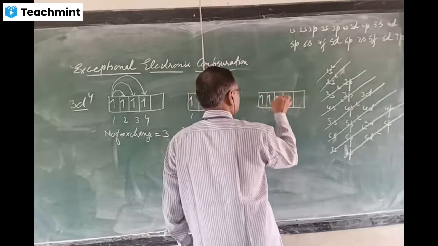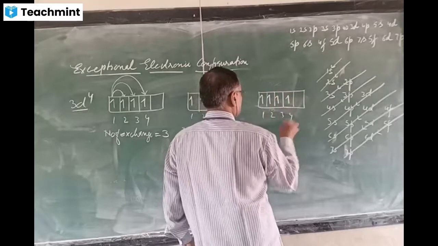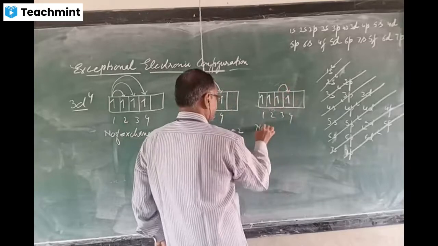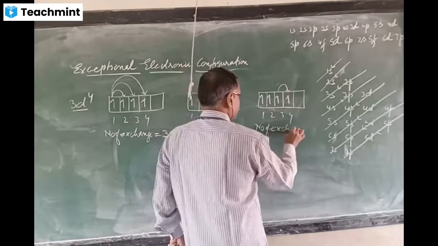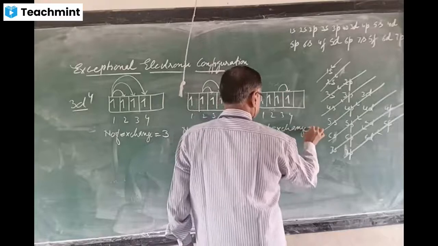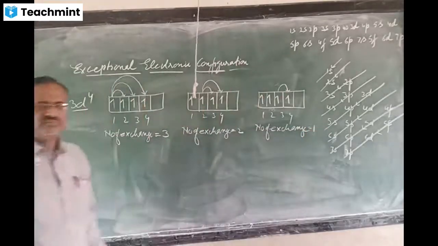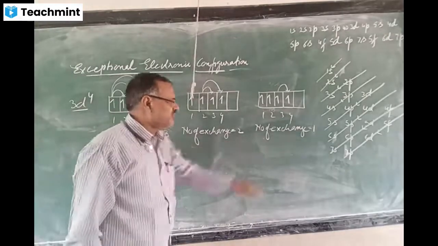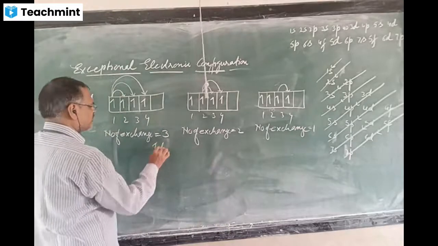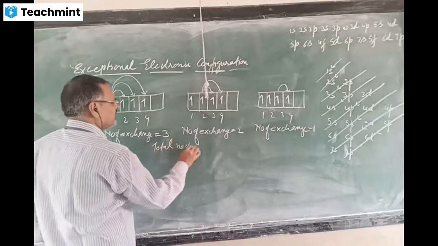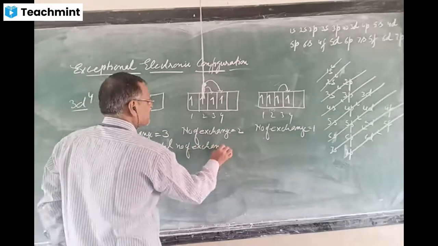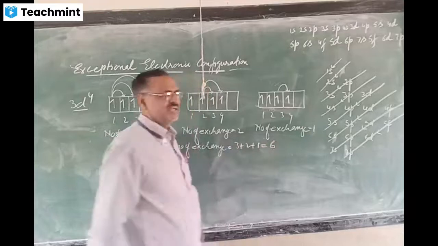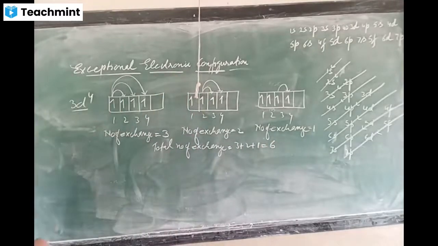Number of exchanges: 1. Just add how many total exchanges are possible: 3 here, 2 here, 1 here. So the total number of exchanges is 3 plus 2 plus 1, that is 6. Here 6 exchanges are possible.